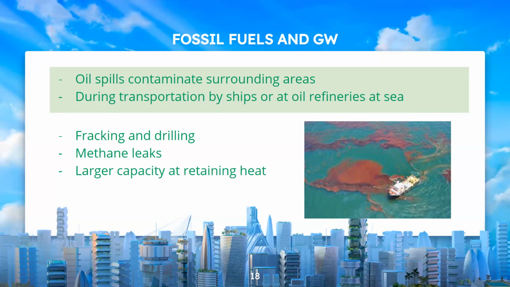In addition, during the fracking process to extract oil or natural gas, small amounts of methane are released into the atmosphere. And although natural gas is believed to be cleaner than coal and oil because it does not release as much carbon as the others, it is mainly composed of methane, which is able to trap heat at a larger capacity than carbon dioxide.